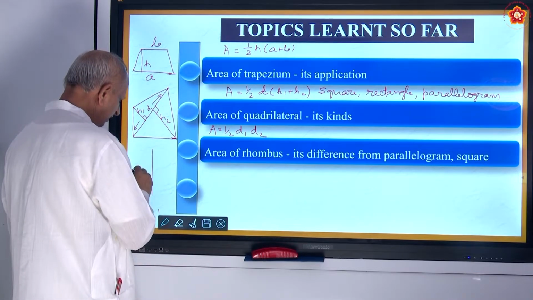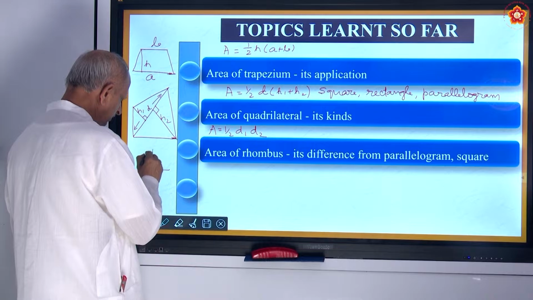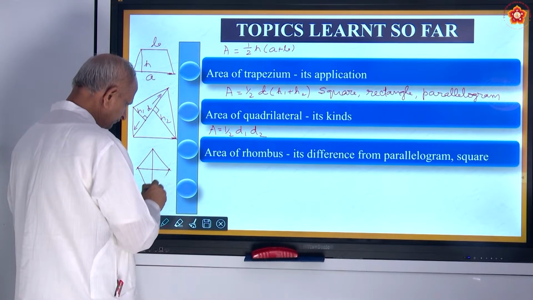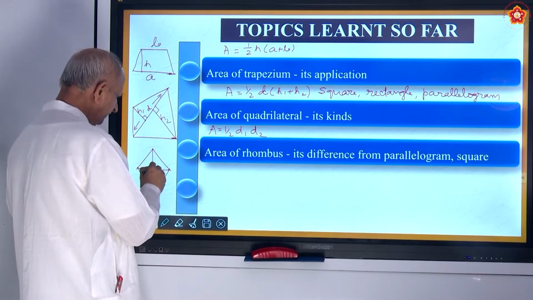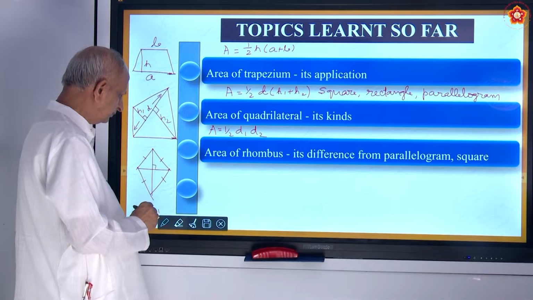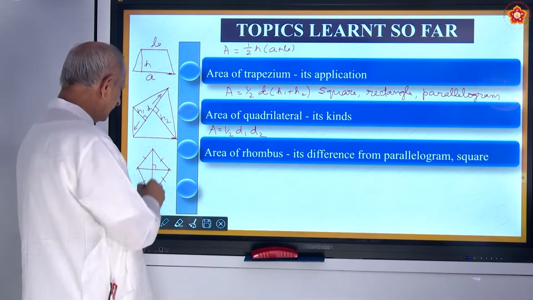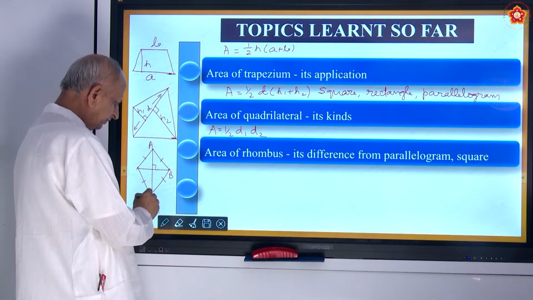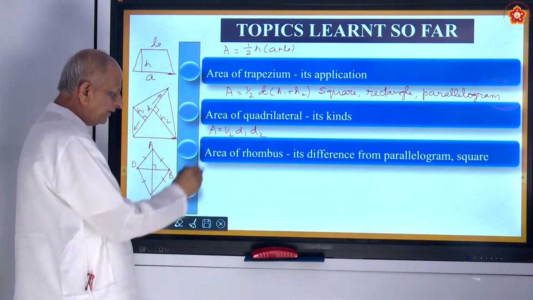And also you have studied about kite. But this rhombus has some special properties. That is, all the sides of rhombus are equal. And the diagonals bisect at right angles. And its area is given by half of D1, D2.